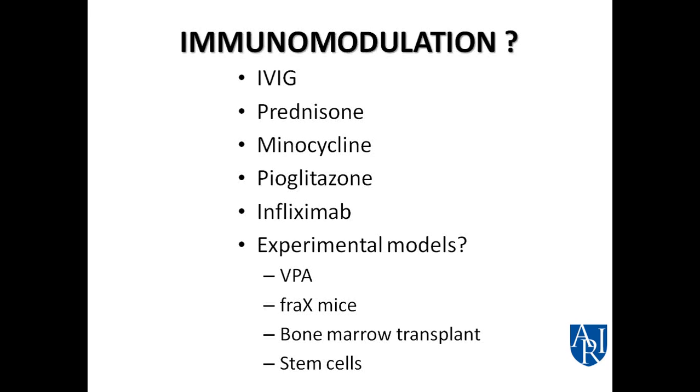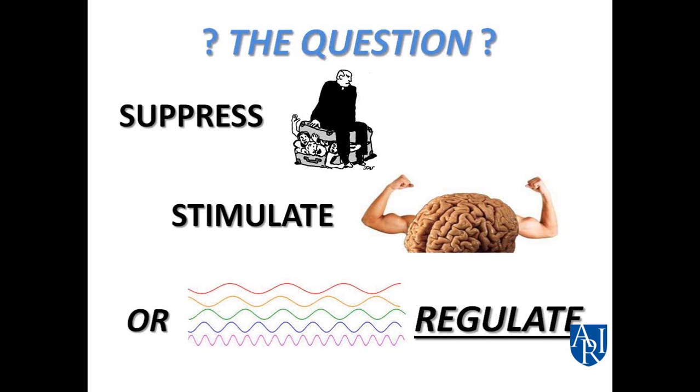Stem cells are a theoretical possibility and have been actually used clinically in some places. So the question is, do we suppress the immune system, stimulate it, or regulate it?